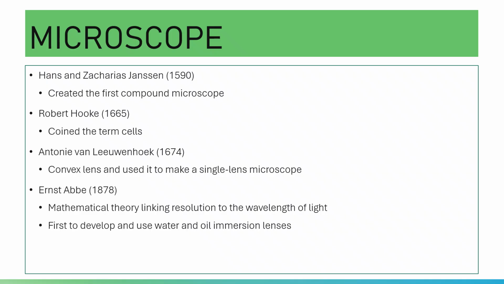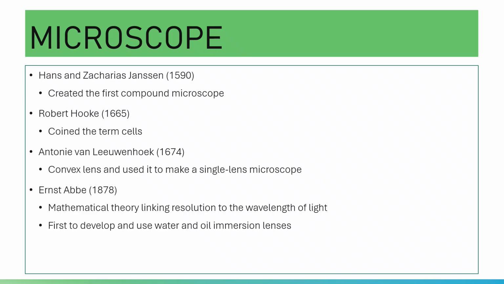Simply put, the microscope is an instrument used to examine objects that are too small to be seen by the naked eye. The microscope enlarges the image without affecting the actual size of the object being examined.